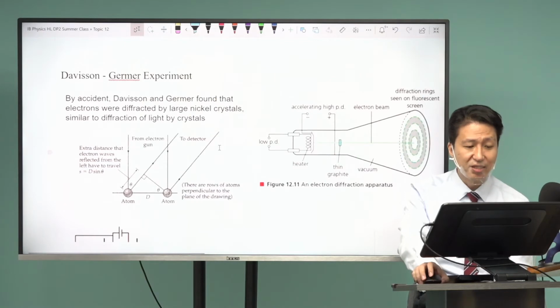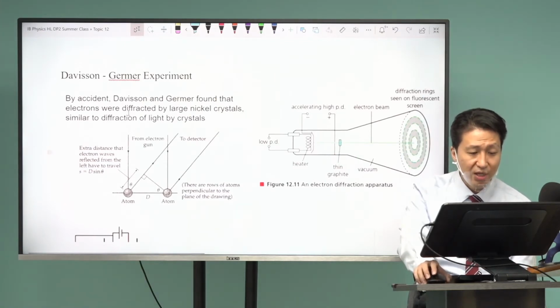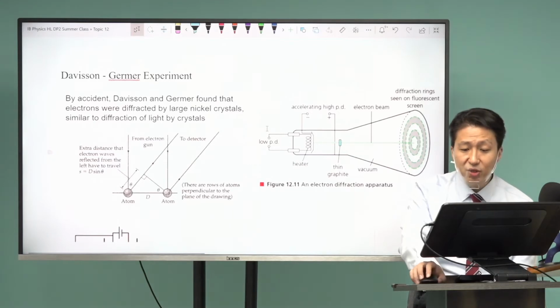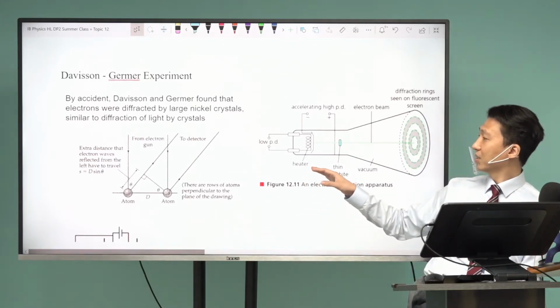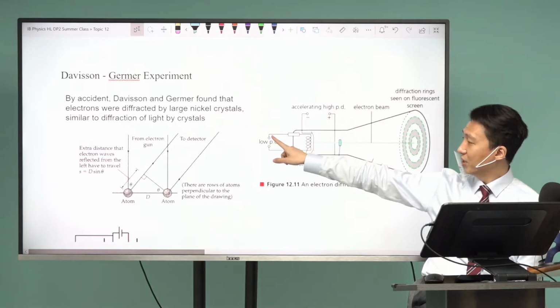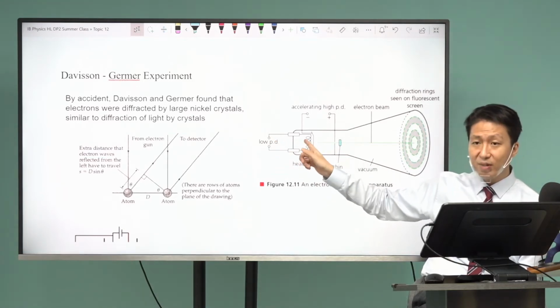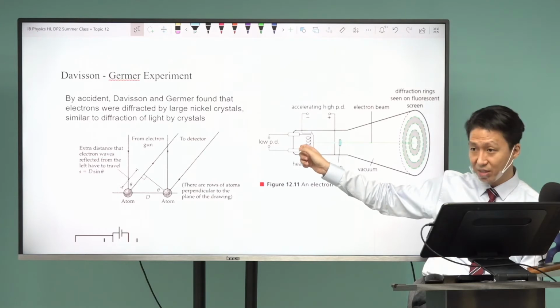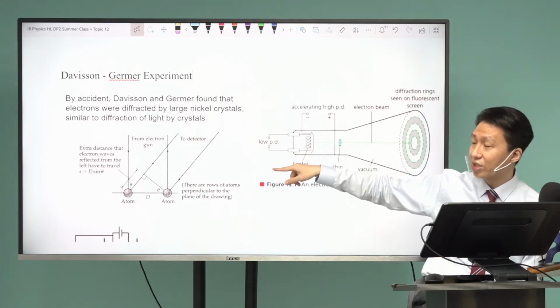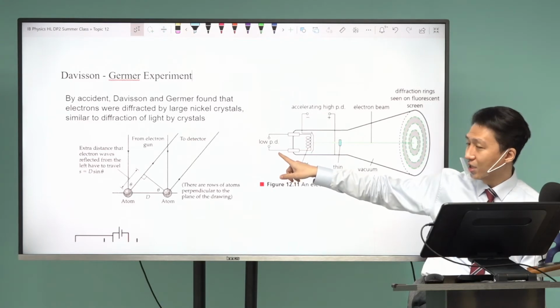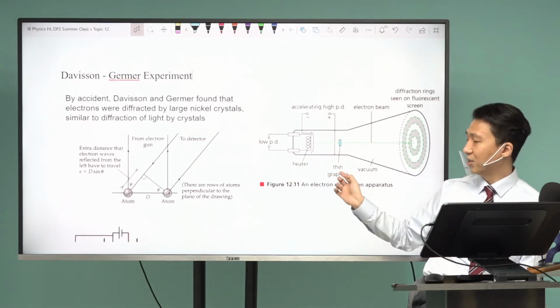And it was an accident. So they were doing experiments on nickel crystals. And what they were doing is, well, they have an electron gun. So there's an electron gun. It emits electrons in a certain direction with a certain amount of energy. In this case, it says there's graphite in there.